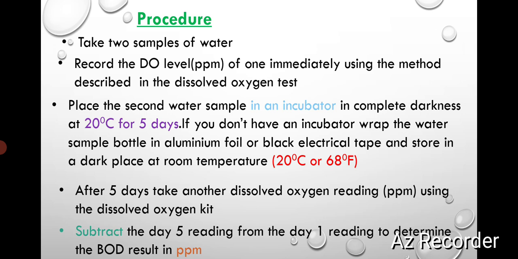If you don't have an incubator, wrap the water sample bottle in aluminum foil or black electrical tape and store it in a dark place at room temperature, 20 degrees Celsius or 68 degrees Fahrenheit. After 5 days, take another dissolved oxygen reading using the dissolved oxygen kit. Subtract the day 5 reading from the day 1 reading to determine the BOD result in ppm.